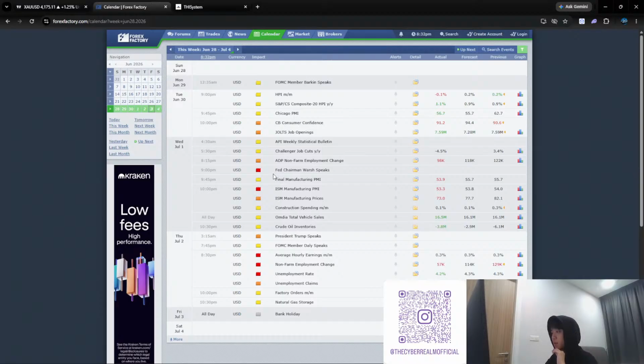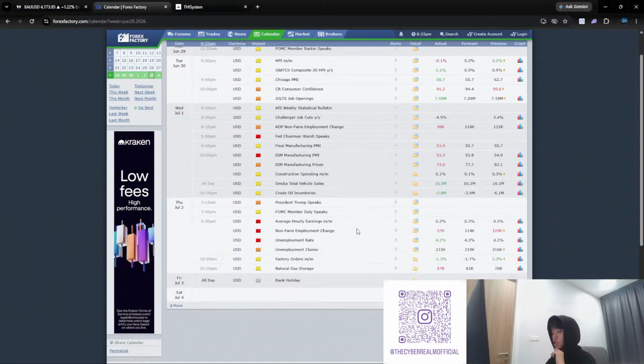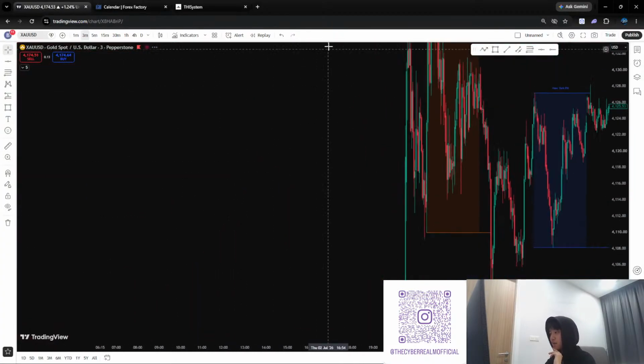Our Federal Reserve chairman Kevin Walsh spoke this week, making gold fly quite a little bit. It went up after he spoke. Then we had our PMI, which was a little bit bad for USD, but did not have a very big impact on the market. Then we had our NFP yesterday, which went around 500 pips.